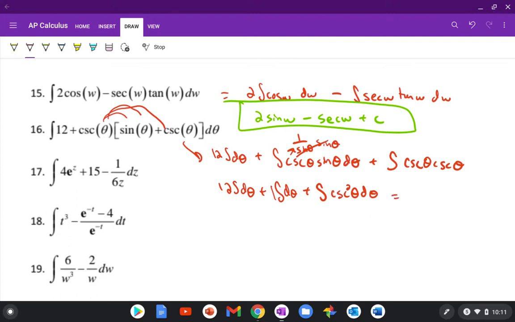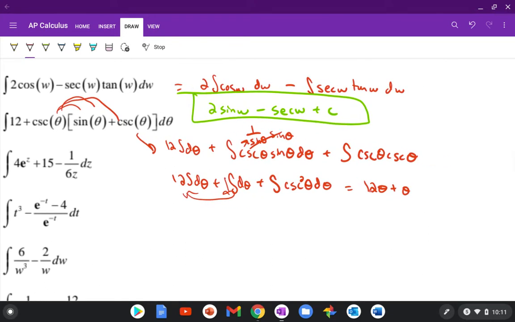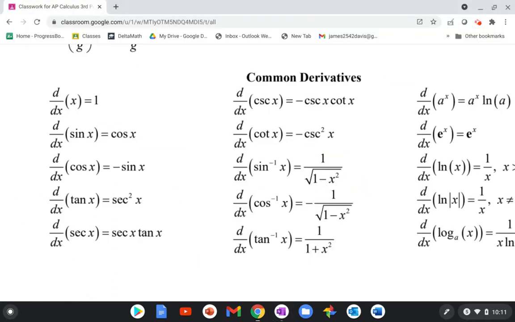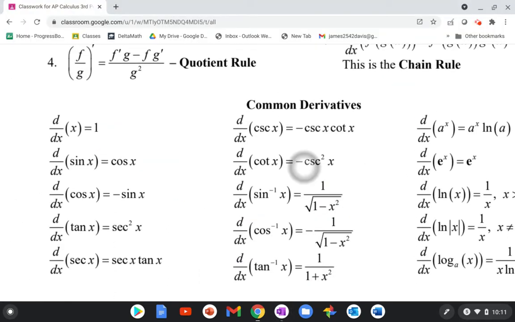And then we can go ahead and do this. For the first one, it's just going to be 12. And actually, if we take a step back, you could just combine these two. 12 and 1 is 13. I'll go ahead and just write it as 12 theta plus 1 theta, or just theta. But you could have combined those. And then you think, well, what gives you cosecant squared? If you look back at your table of derivatives, there is a cosecant squared there.